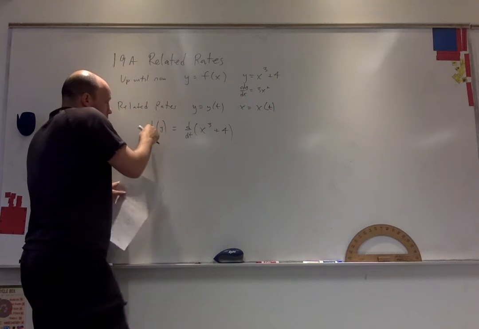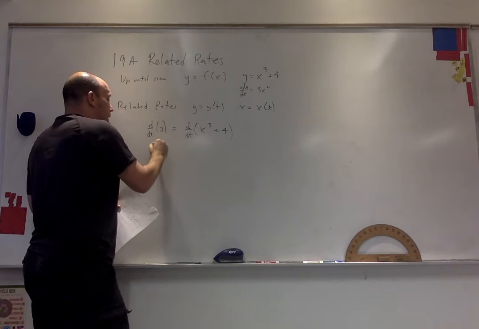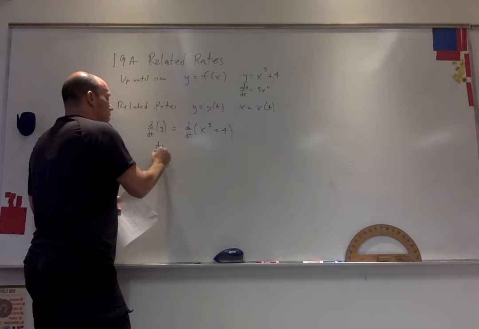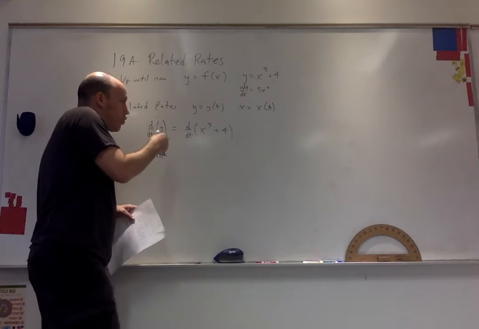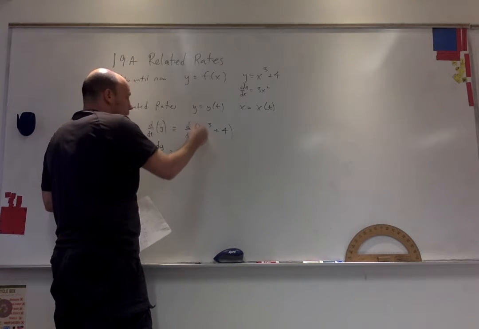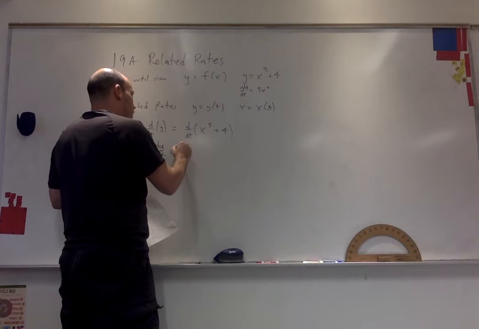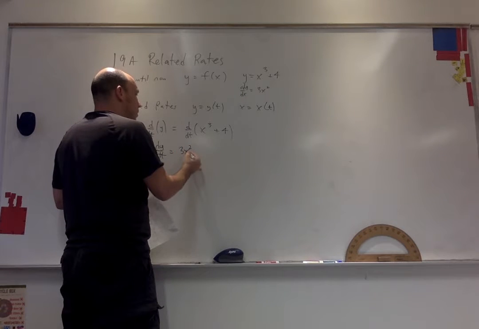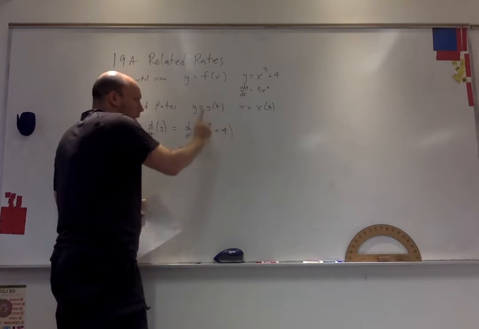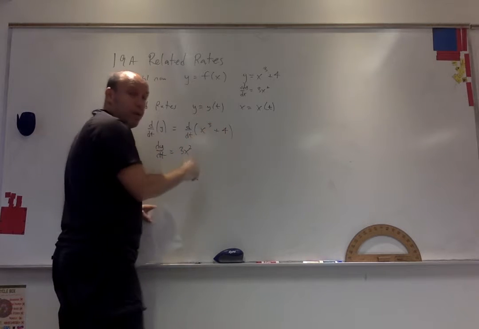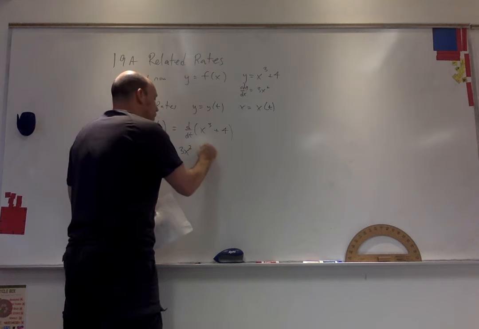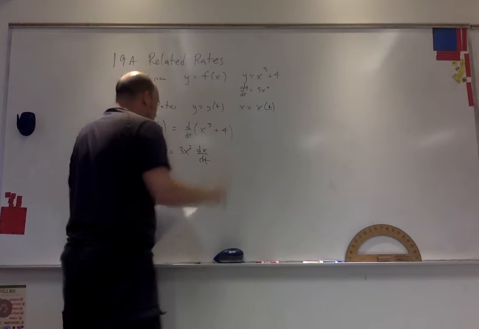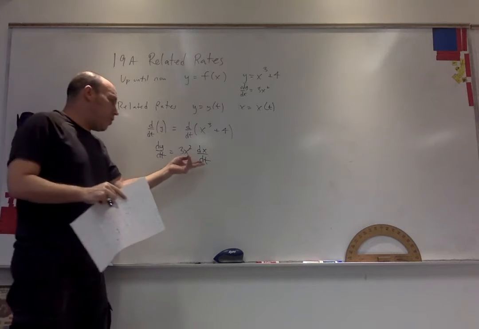So d/dt of y is dy/dt. And what's going on here is this is going to be 3x squared, right, because of chain rule. The derivative of 4 is 0, but we don't really know what x is, so we still have to take the derivative of x with respect to t.